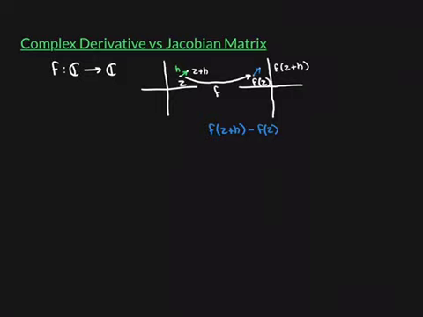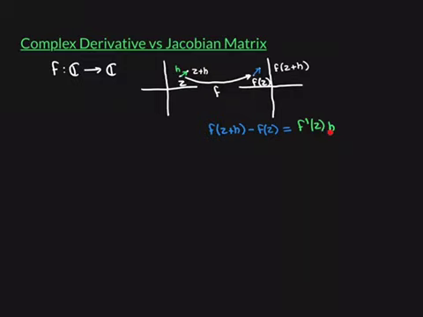Then our intuitive understanding of the derivative is that it is the ratio between the change in the domain and the change in the codomain. So you multiply the change that you had in the domain, which is h, by the derivative of the function evaluated at the point z.